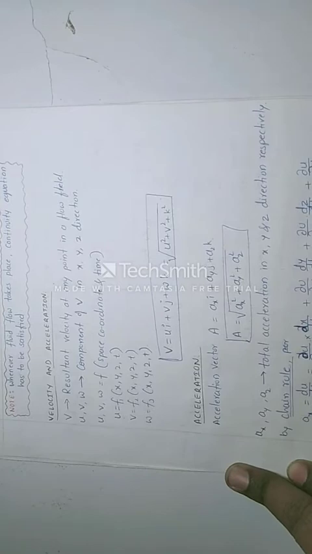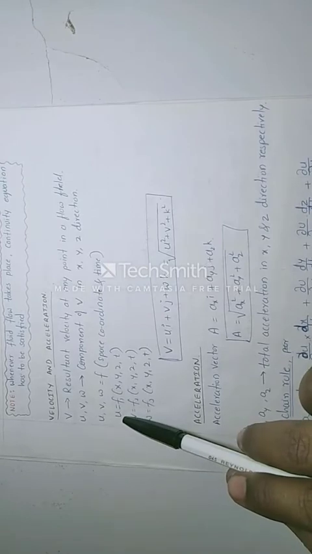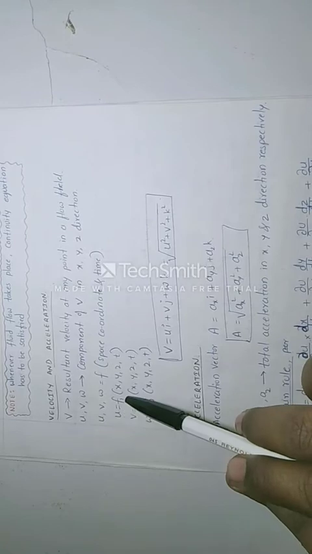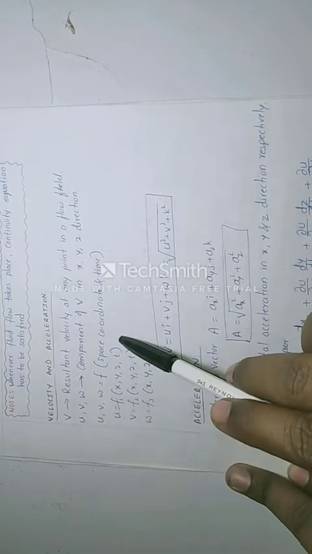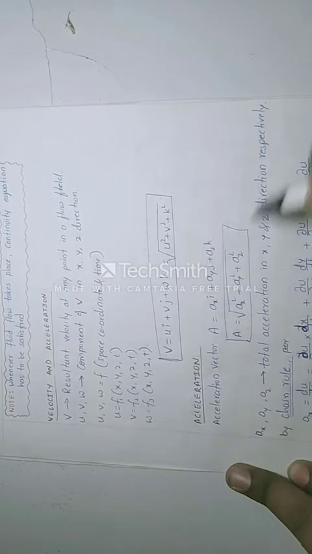In the Eulerian approach, we consider the control volume, and whatever flow fields or properties there are, they are functions of space coordinates and time. For example, the velocity component u is a function of space coordinates x, y, z and t, and similarly v and w.